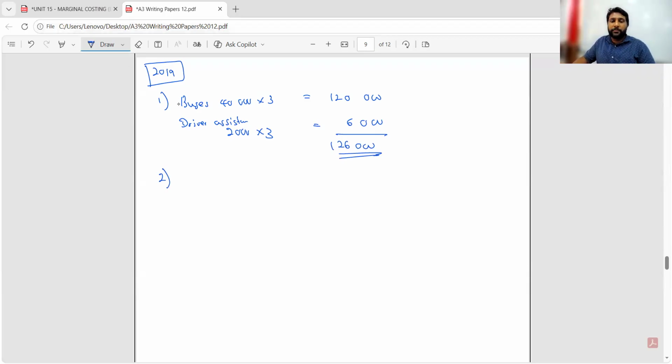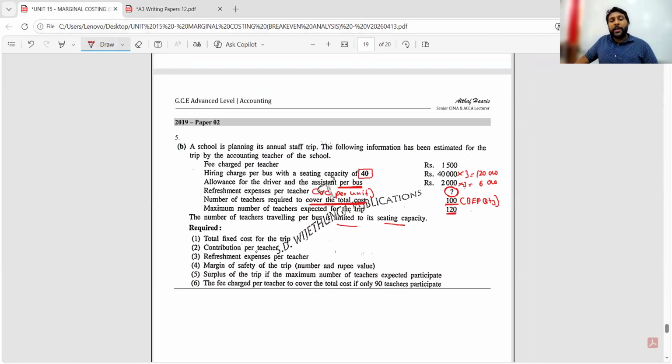Number 2. How to calculate the contribution per teacher, people? Tell me. They have not given the variable cost. Selling price is given. Variable cost is not given. Anyone? They have given the break-even quantity.